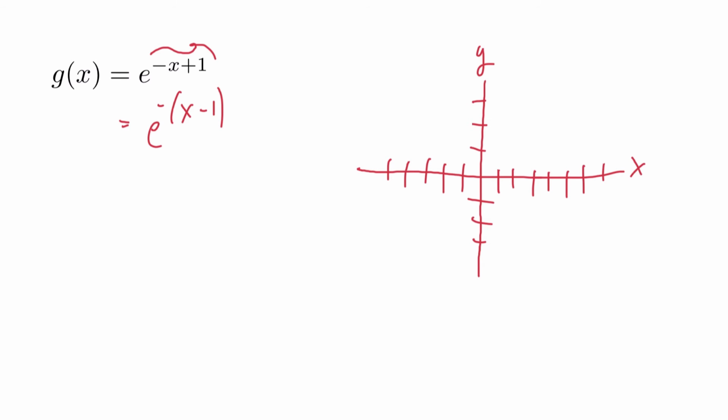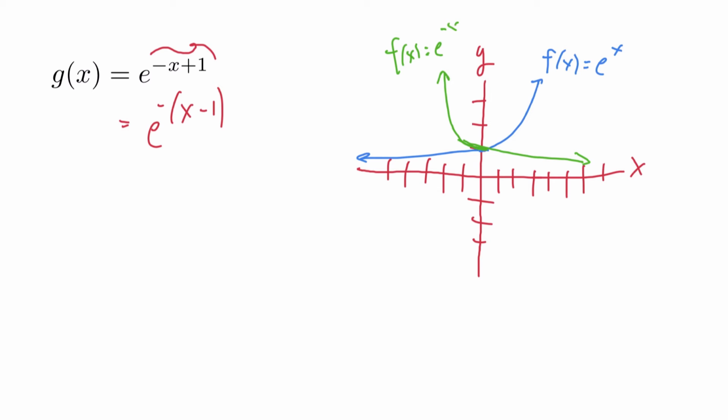So to start, let's plot e to the x. Next, I'll plot the reflection over the y-axis. So here's f of x equals e to the minus x.